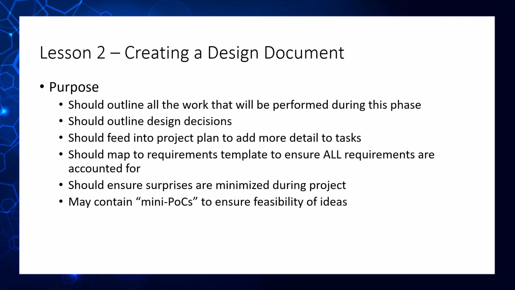So by having a mapping of here's my requirement, or having your developer specify in the design, here's what requirements we're covering, you now can have peace of mind that all your requirements are being accounted for. You want to make sure that you're minimizing any surprises during a project. You're never going to guarantee having no surprises. Things always come up, but you want to try to minimize wherever it's inside your control.